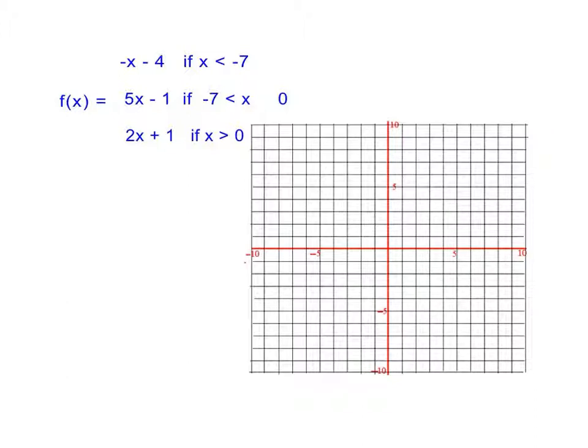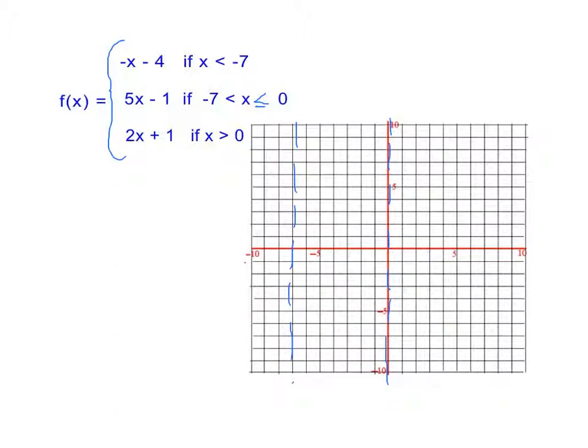Okay, let's go ahead and graph this. I'm assuming that it's going to look like that there. I don't know what happened to the rest of this. But here we go. So we have 3 pieces, and we have breaks at 0 and at -7, which is here.